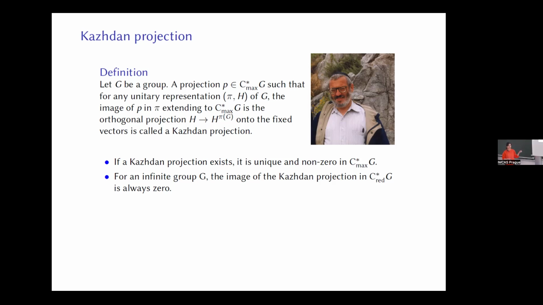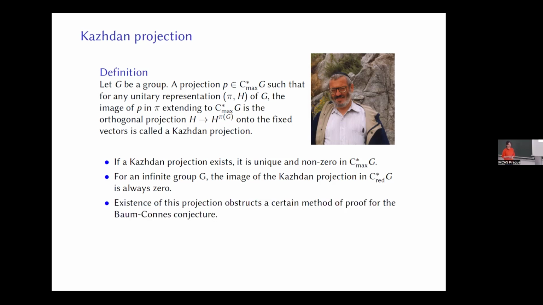Well, the Kazhdan projection is the one whose image is onto the invariant vectors. But when we are considering the left regular representation, the invariant vectors are the ones that are constant. So we are looking at constant functions which are L2 at the same time. Because the group is infinite, there is basically only the zero function. So the image of this projection, as an element of C-star max inside C-star reduced, is the zero projection.